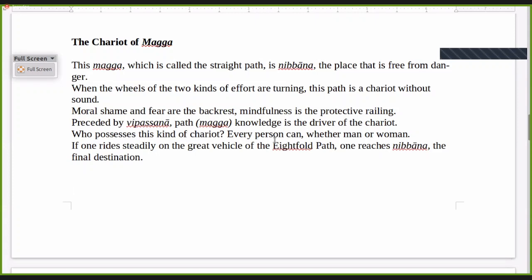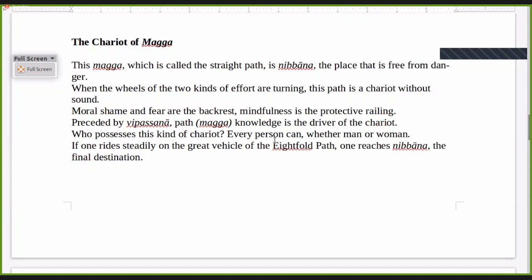Right view means you believe in karma and its results. The right view concerning karma and karma results has to be established before the yogi starts the practice of meditation. And the right view concerning jhana is related to the purification of mind, which is the base for your vipassana.